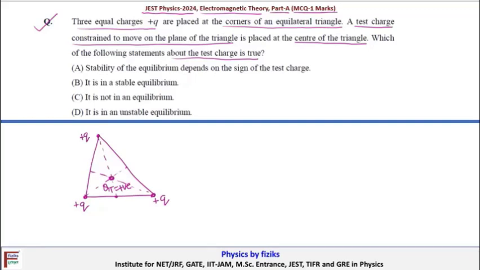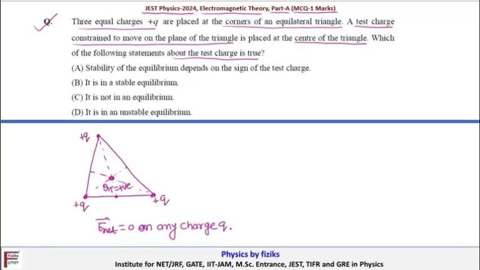Now for the equilibrium condition, the net force on any charge must be 0. The net force F net is 0 on any charge q. This is the equilibrium condition.